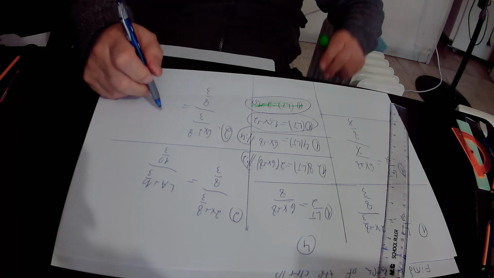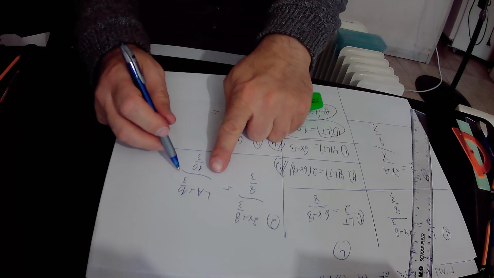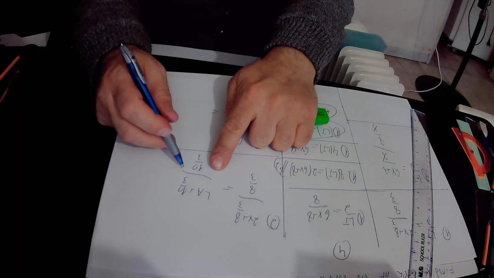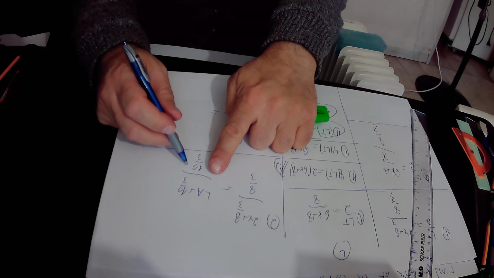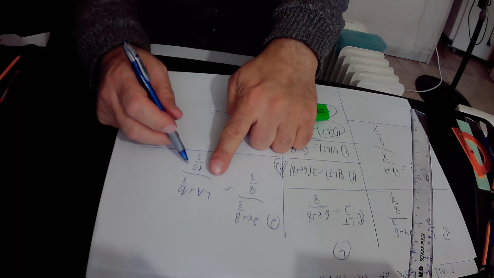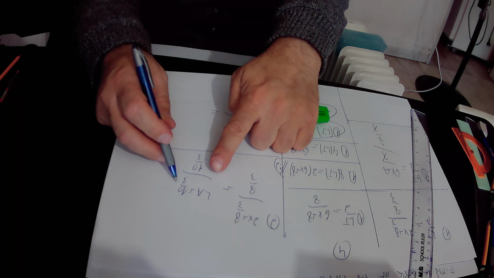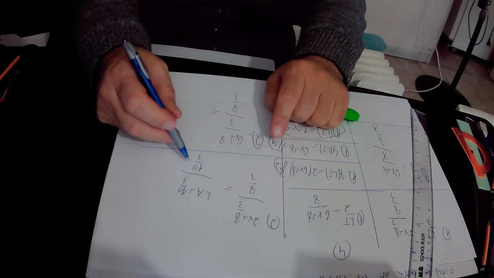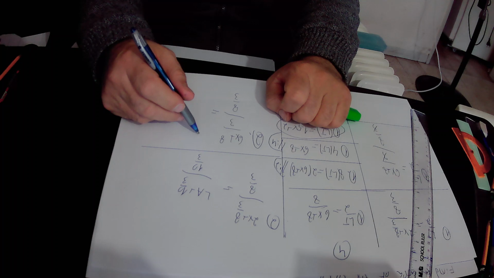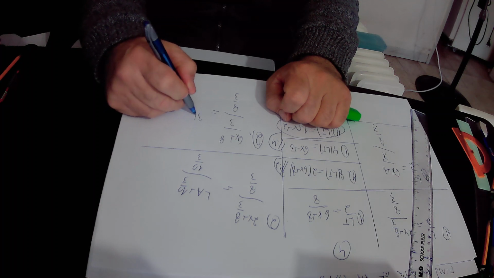And it equals, here we have LA plus 10 over 3. Here we multiply LA by 3 and then divide it by 3 in order to have a common factor with 10 over 3. LA times 3 is 3LA.